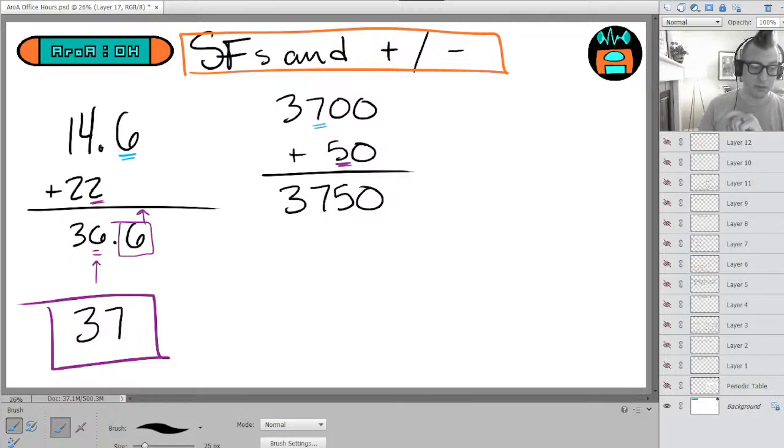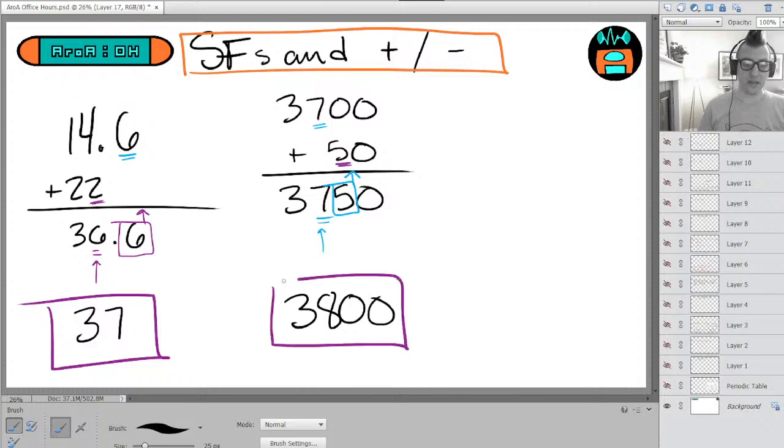In this example, 3,700 is less precise, and so our answer has to have the same precision as 3,700, meaning we need to round to the hundreds place. 5 rounds up, turning our 7 into an 8. So our correct value with the correct sig figs here is going to be 3,800.